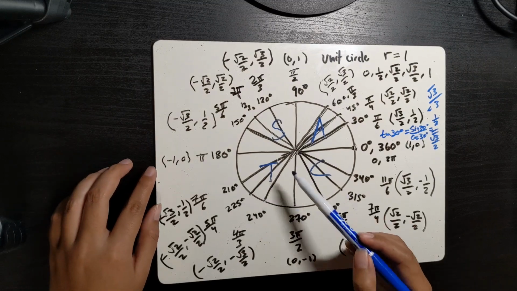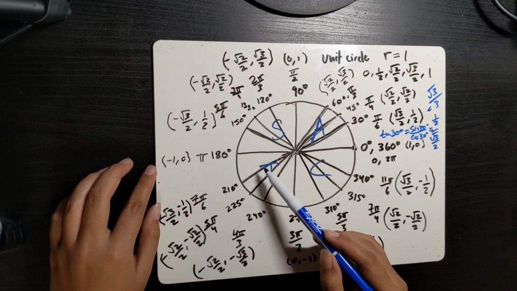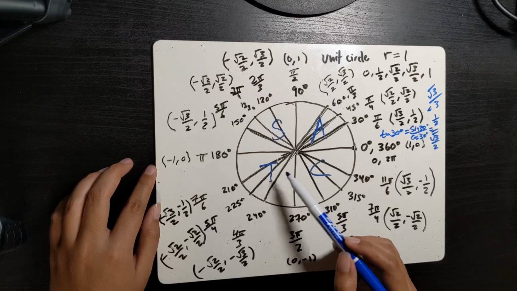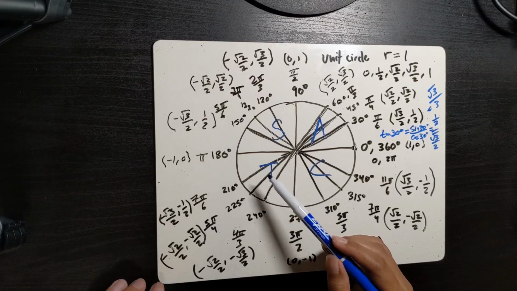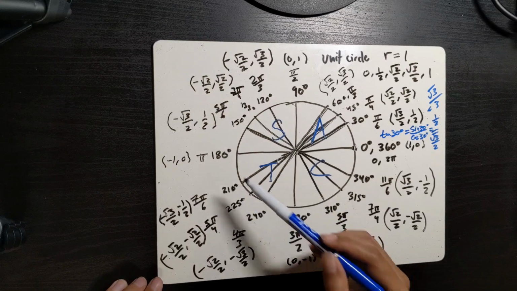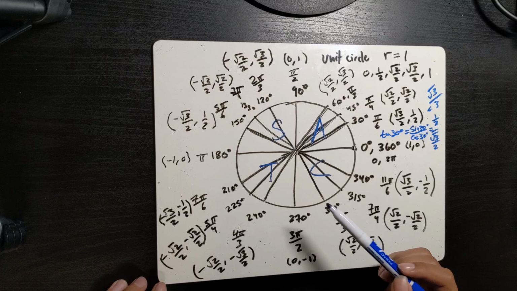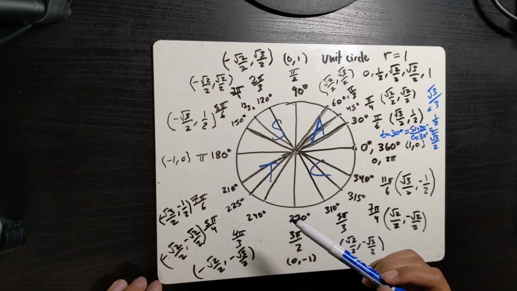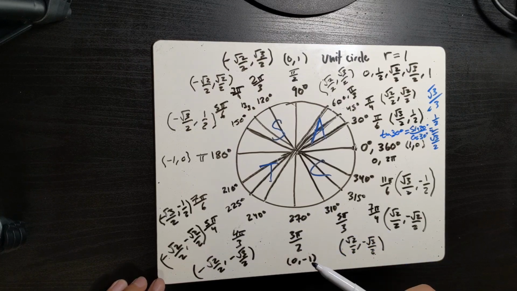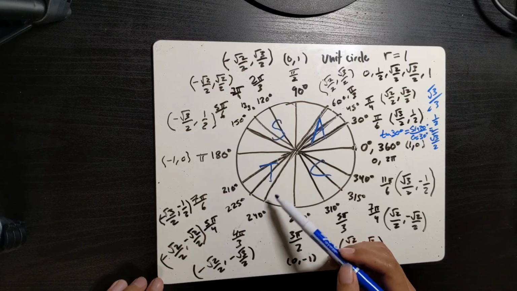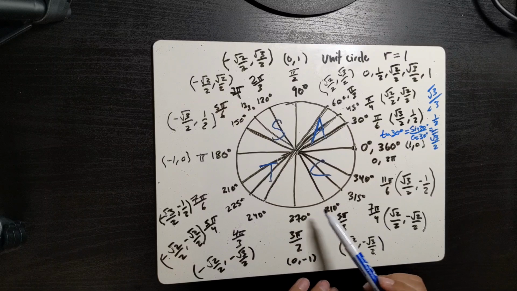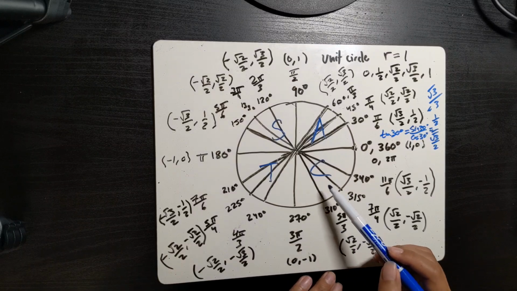Okay, and in the third quadrant, only the tangent would be positive. If you were to do a sine or cosine of any degrees in the third quadrant, you would have arrived at a negative number. But since tangent is sine over cosine, if your sine and cosine are negative, your tangent value would become positive.